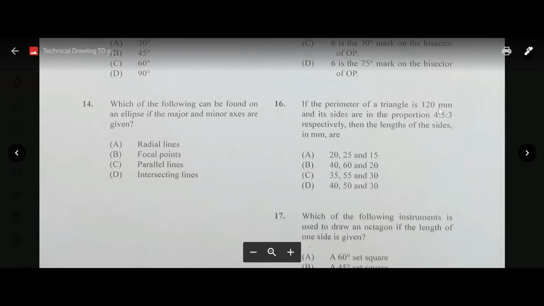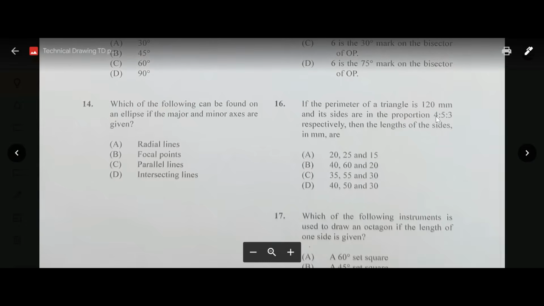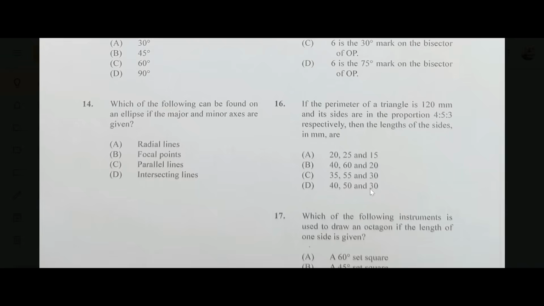So 120 divided by 12 is 10. So 1 unit is 10. So we multiply each number here, 4, 5, and 3 by 10, which will give us 40, 50, and 30. So the answer is D, 40, 50, and 30.